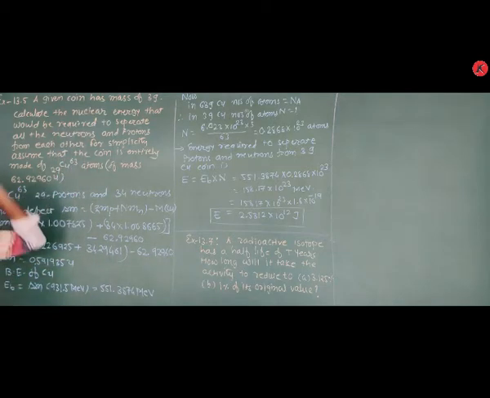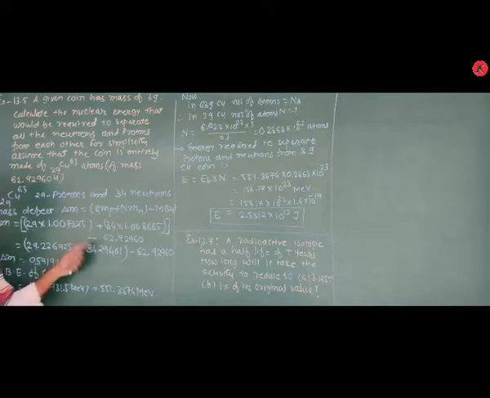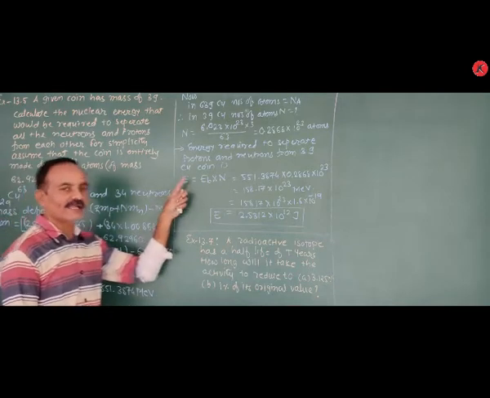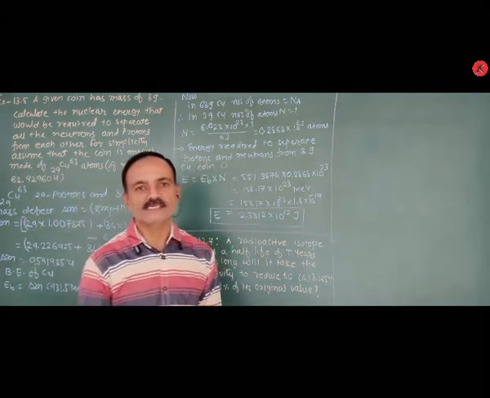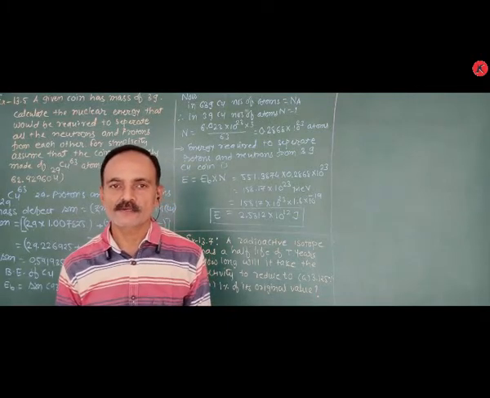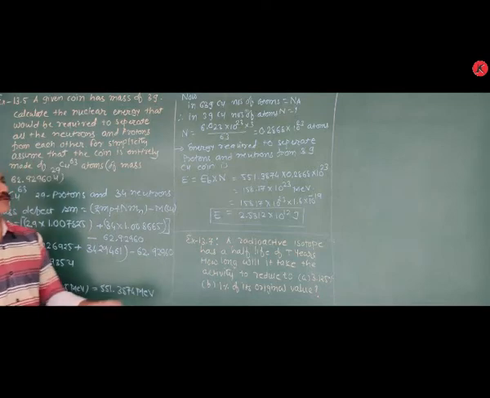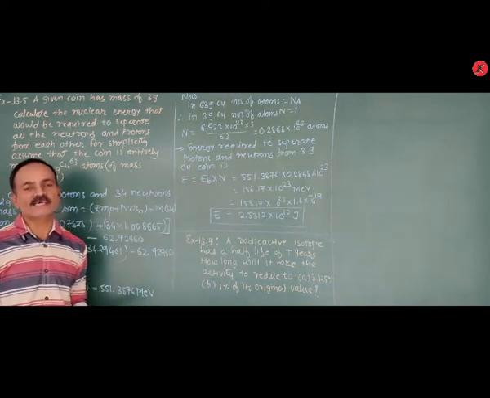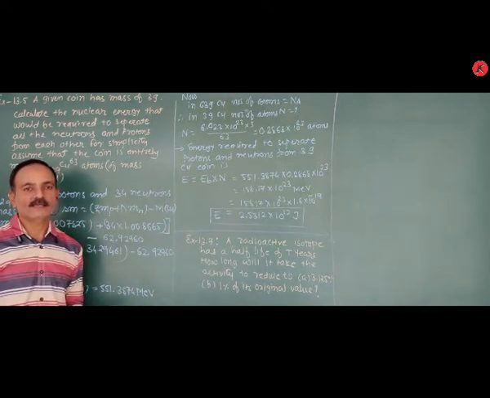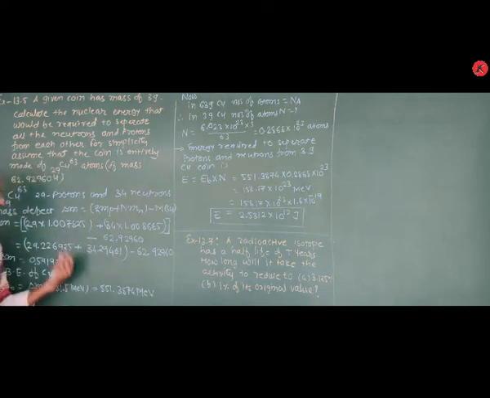Similar as earlier, numerical 13.3 and 13.4. But here the difference is that not only do we have to calculate the binding energy and binding energy per nucleus, we have to calculate the energy required to separate the proton and neutron from 3 grams of coin. So for that purpose, first we calculate the mass defect of copper.